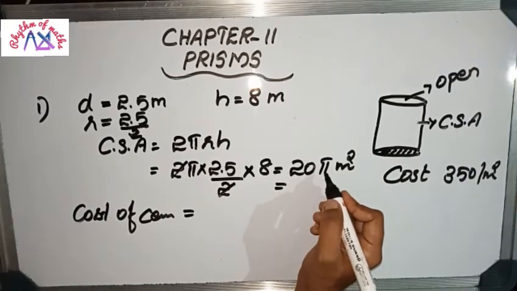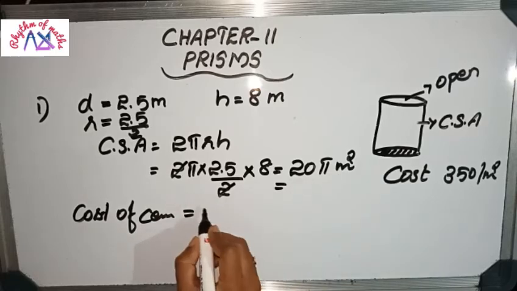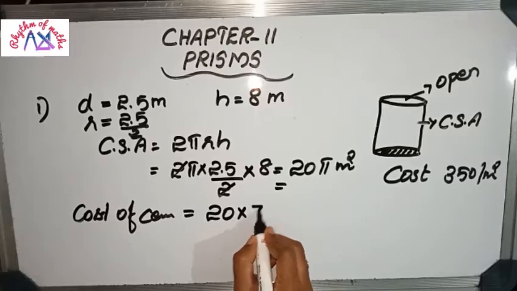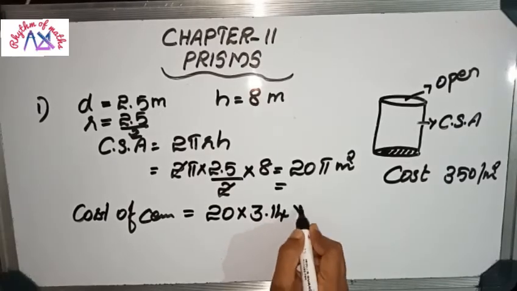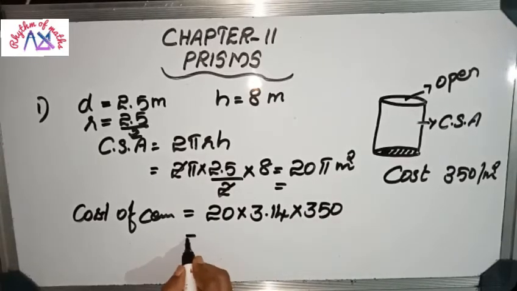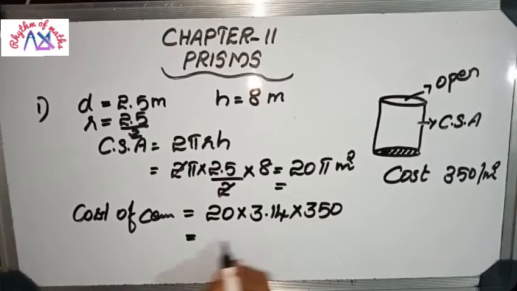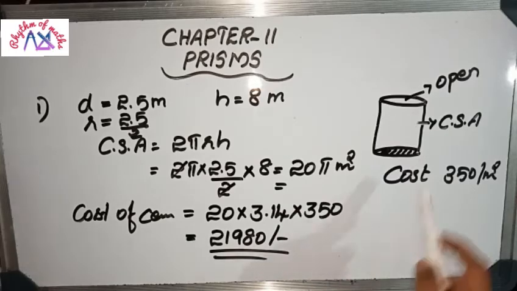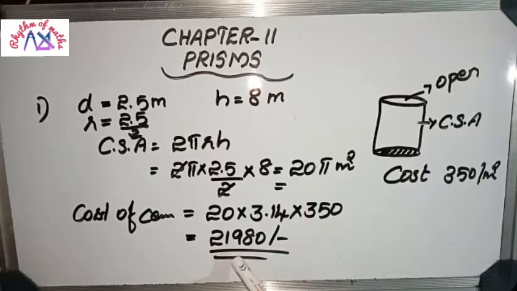Here 20 pi meter square is there, so to find the amount, 20 into the pi value 3.14 into the amount, that is 350. You have to simplify this. When you multiply all this, you will get the answer as 21,980 rupees. So to cement this inner portion, the cost is 21,980 rupees. So this is the first answer.